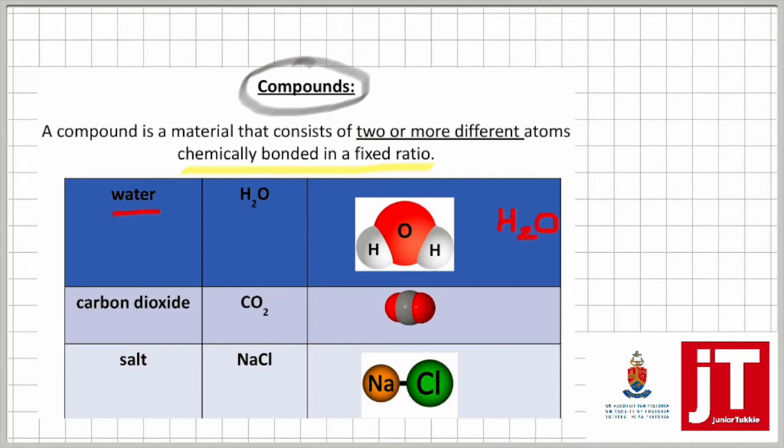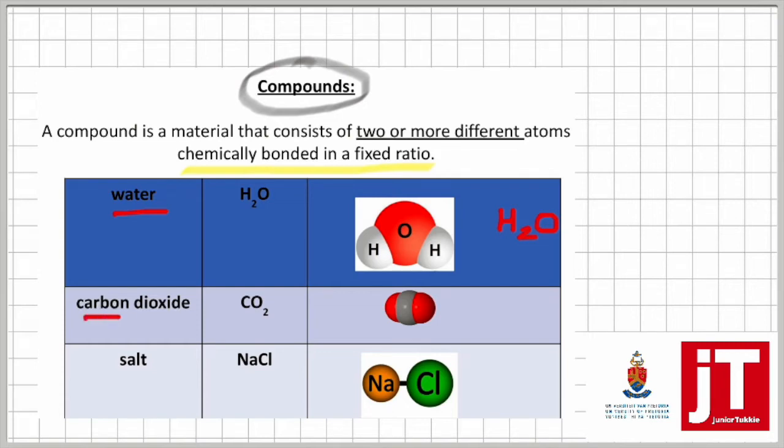So that means that water is a compound because it is made from 2 or more different atoms, which are chemically bonded together in the fixed ratio, 2 hydrogens to 1 oxygen.